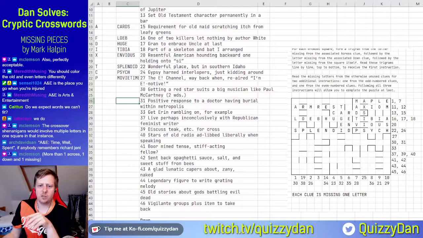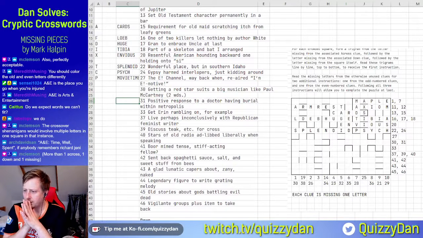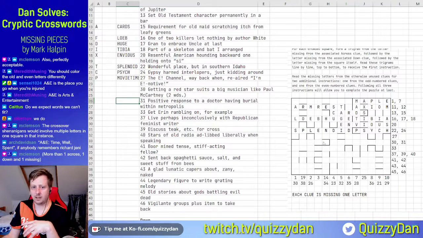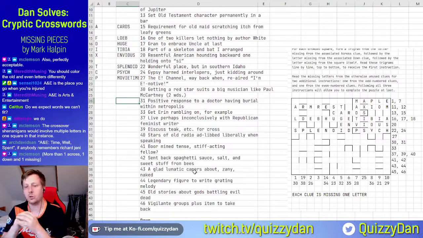Gonna move to 31 because I'm not getting any traction on that. Going to do a first pass of everything before I start looking at messages and everything. 31 down. Positive response to a doctor having burial within Metropolis. 8 squares here. Positive response could be I or yes to a doctor having burial within Metropolis.